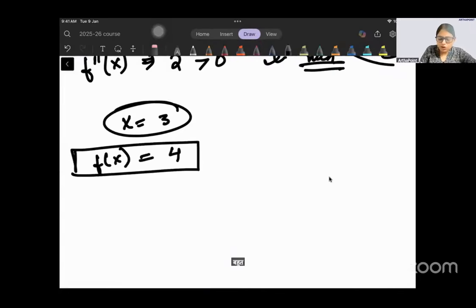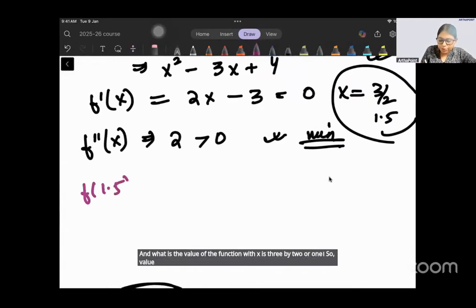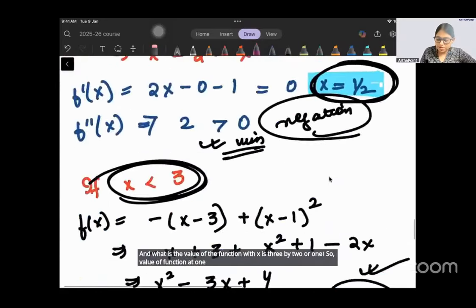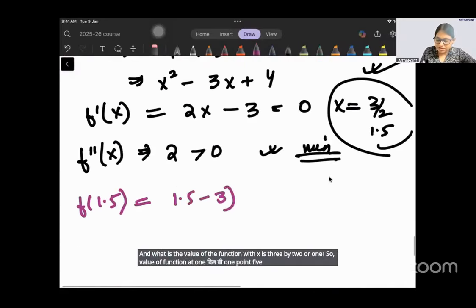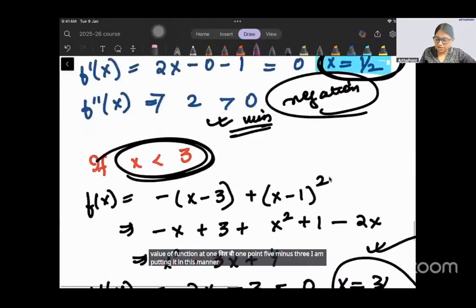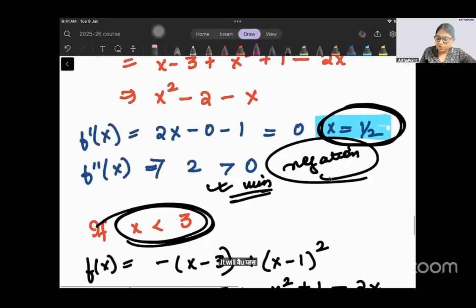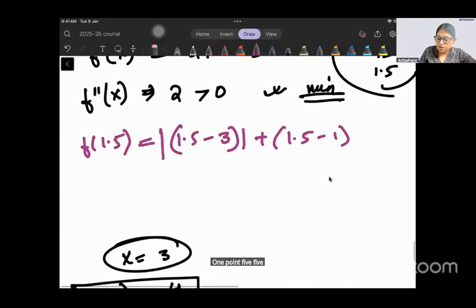And what is the value of the function when x is 3 by 2 or 1.5? So the value of the function at 1.5 will be 1.5 minus 3 in absolute value plus 1.5 minus 1 whole square.